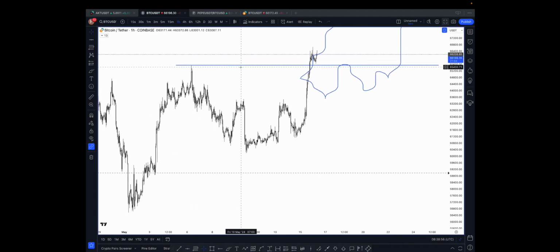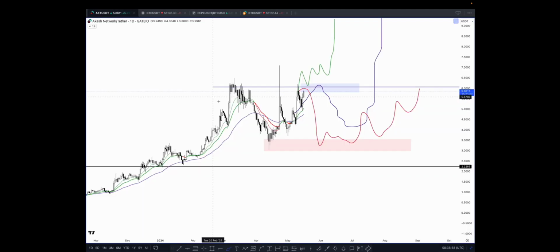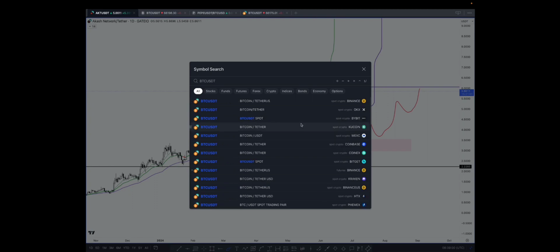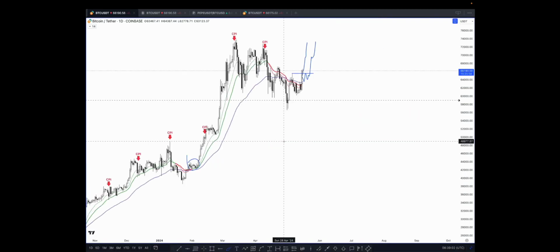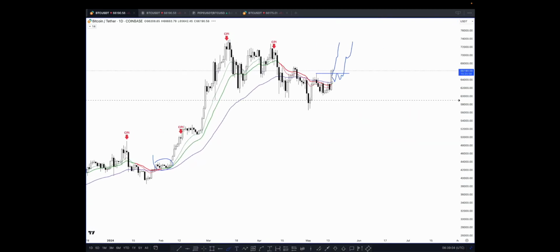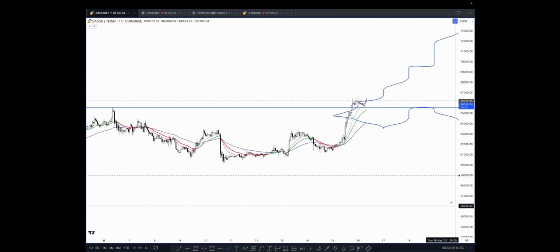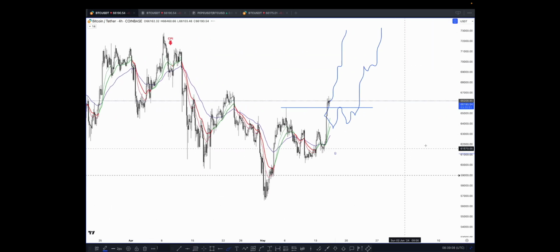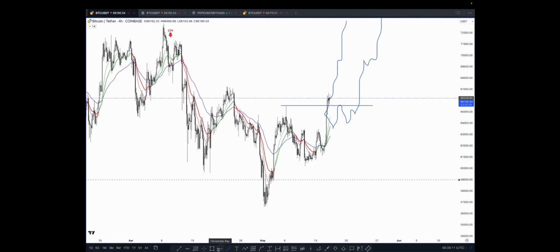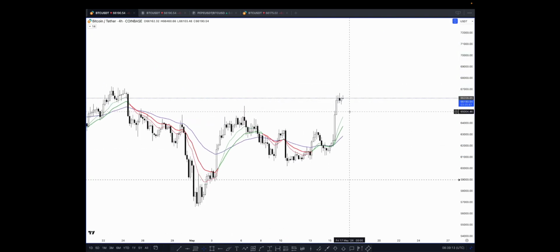Maybe I deleted it. Just check this one. Yeah, no. Okay. Well, I had it marked the other day, if you remember, about the CPI and the different paths. So let's look at it again.